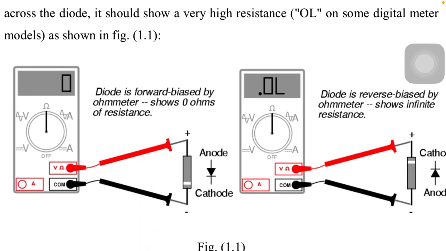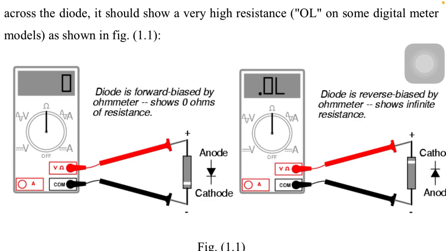The anode is the positive side. That is where current comes in. Anode is a receiver, cathode is a giver. So current comes in through the anode and passes out through the cathode.